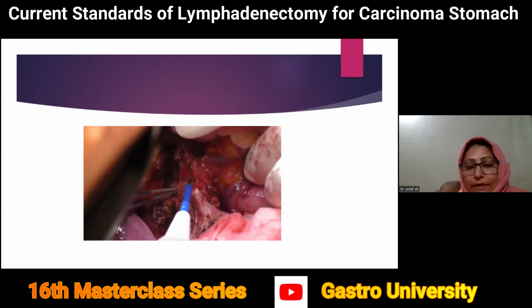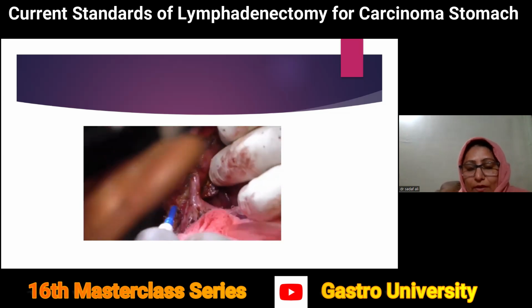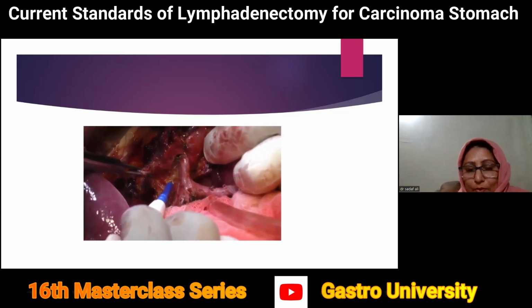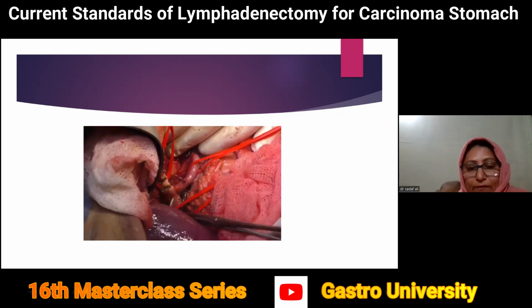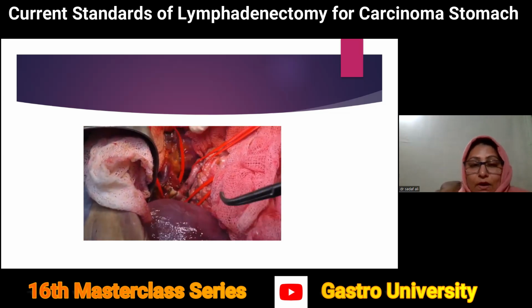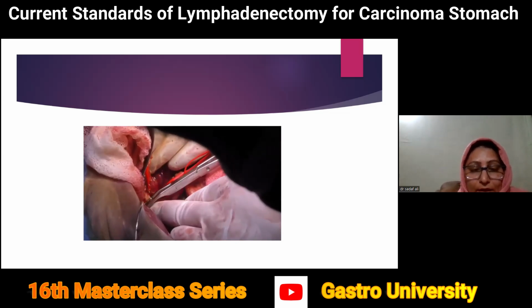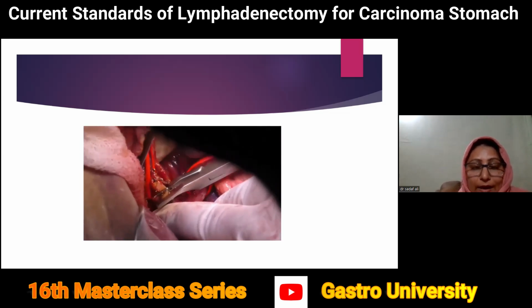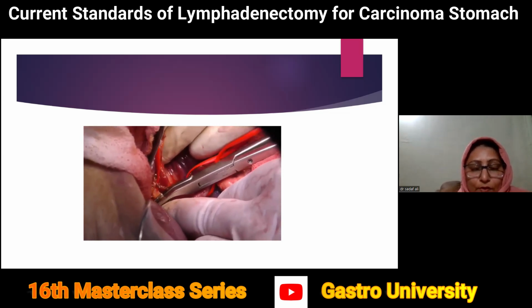And then you move to the left gastric after doing the celiac, the proximal part of the splenic, the common hepatic. If you find a positive node, go posteriorly. If you find a positive node, then you should also go to the hepatic artery based on your planned gastrectomy, if you want to do beyond D2.